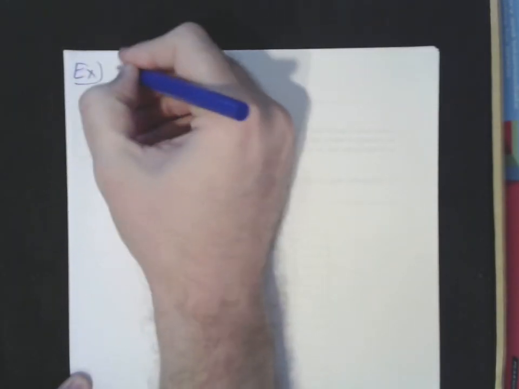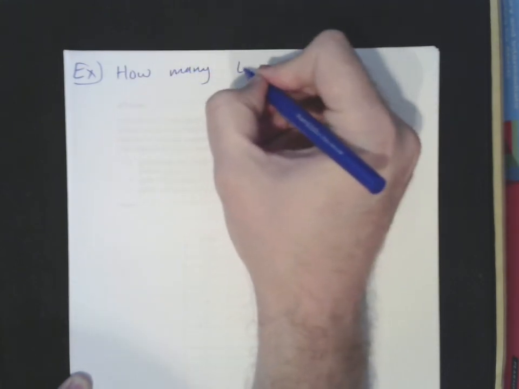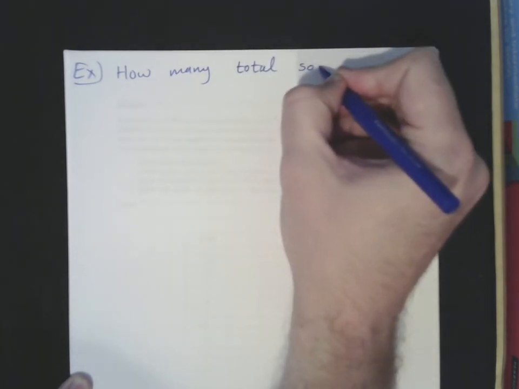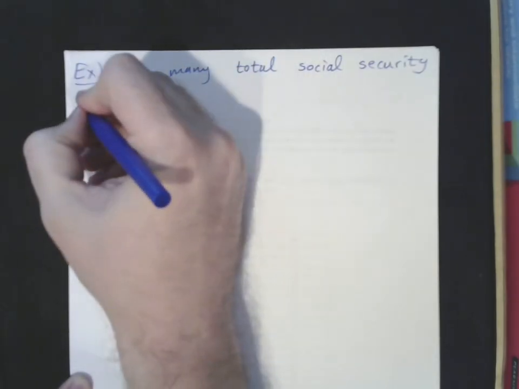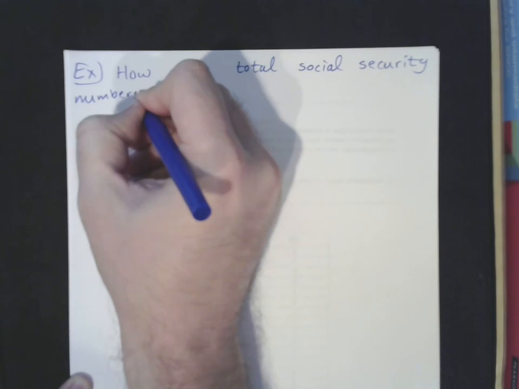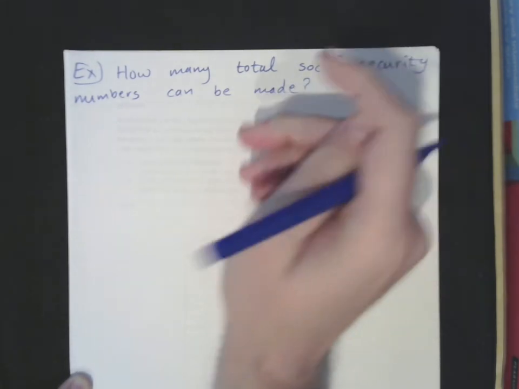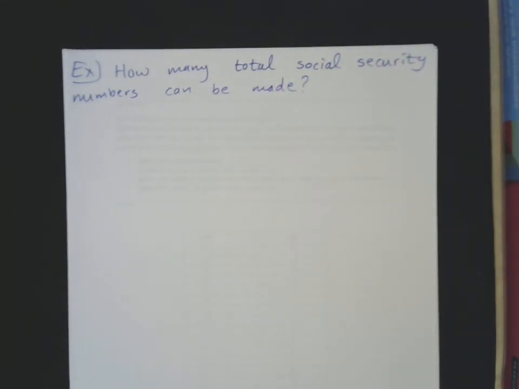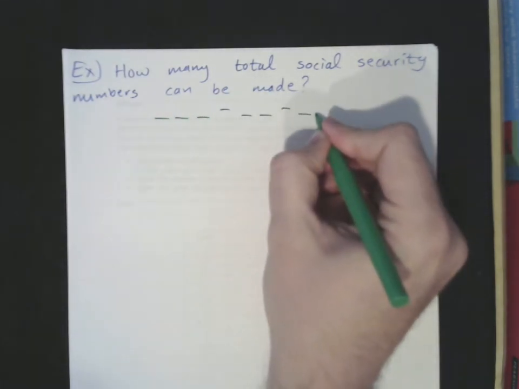So we're going to do a couple little examples here. Let's start with how many total Social Security numbers can be made. Our Social Security numbers look like 123-12-1234.